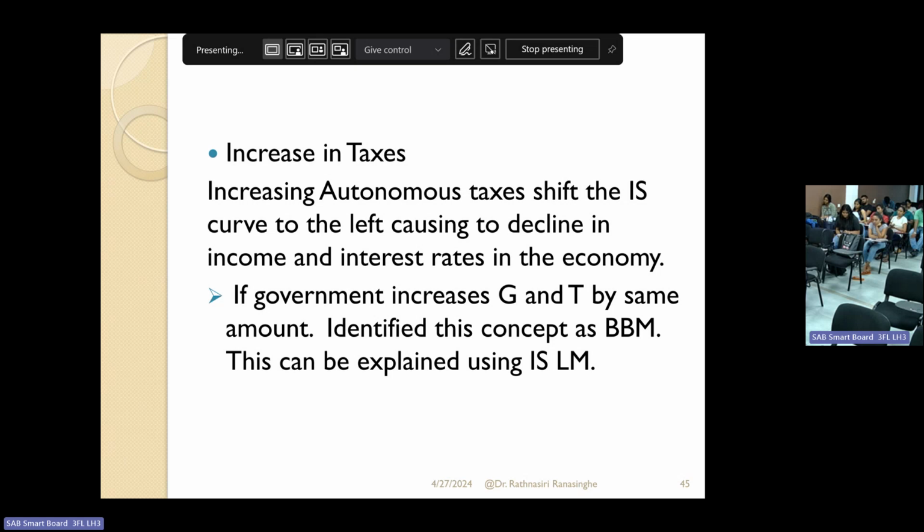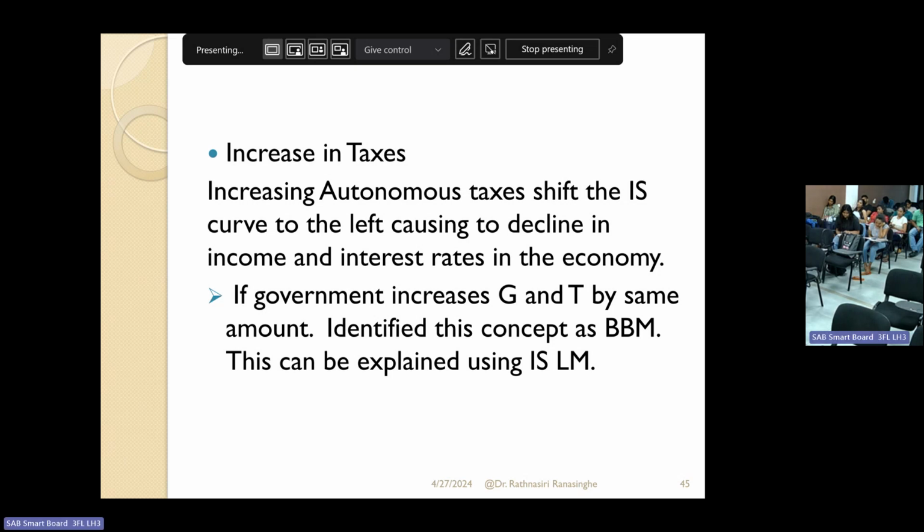The tax multiplier is less than the expenditure multiplier in absolute terms. The tax multiplier is always negative, the expenditure multiplier is positive.